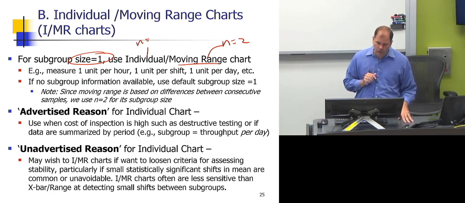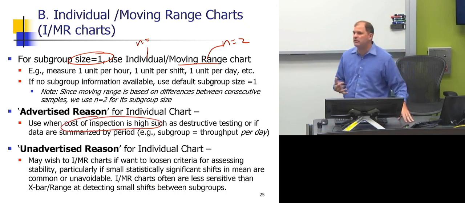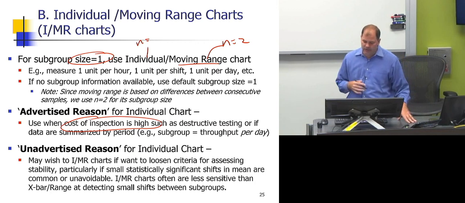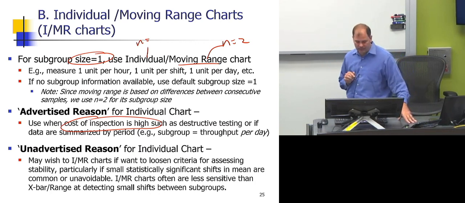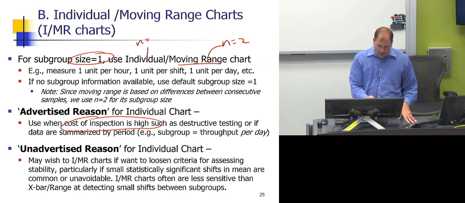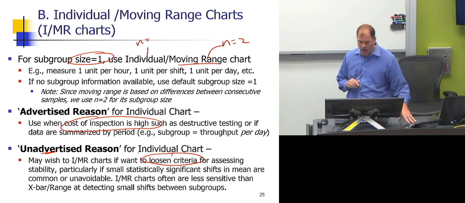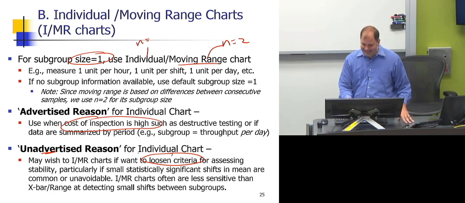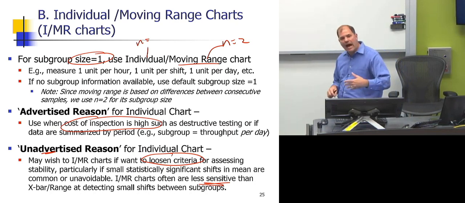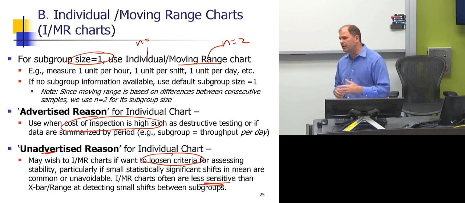The reason people do individual charts, they would typically tell you, is that the cost of inspection is high, such as destructive testing, or you don't really have subgroups. What I would call an unadvertised reason is that an IMR chart is a less sensitive chart. And if you don't want to be as sensitive at detecting small shifts, it becomes a useful strategy.